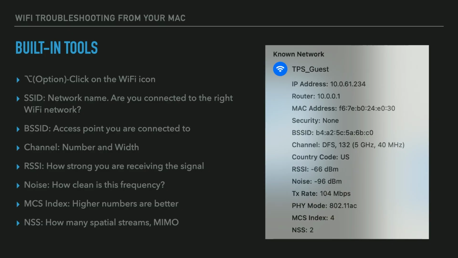And then the NSS, that's your spatial streams. If your MacBook has 2 MIMO antennas, it's capable of these 2 streams on the highway. It can have 2 conversations, essentially. That's what you're seeing right there.